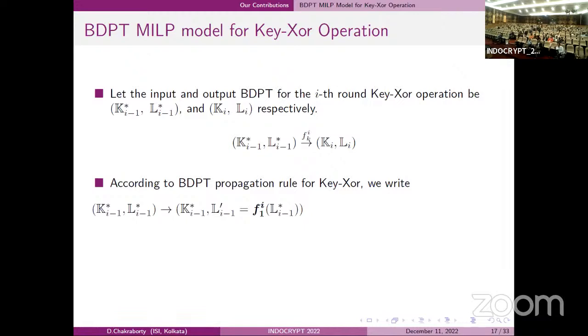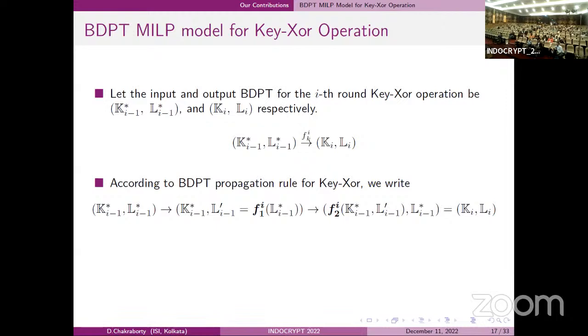I'm dividing this into two operations. So for f_{K_i}, as I have explained the key-XOR operation rule, for each element of L_{i-1}*, they construct some new elements, and those new elements and the elements in K_i' are unioned to construct the set K_i.